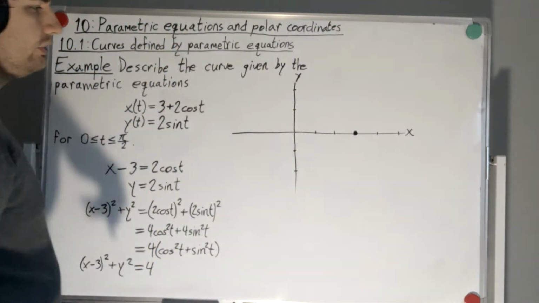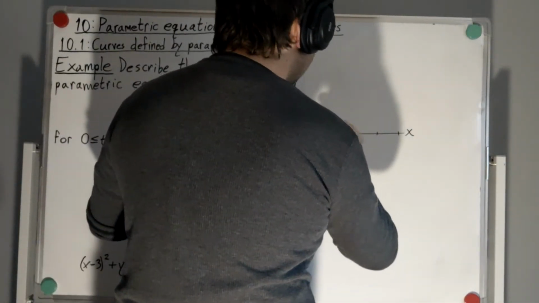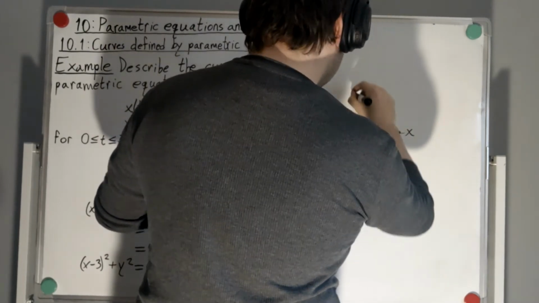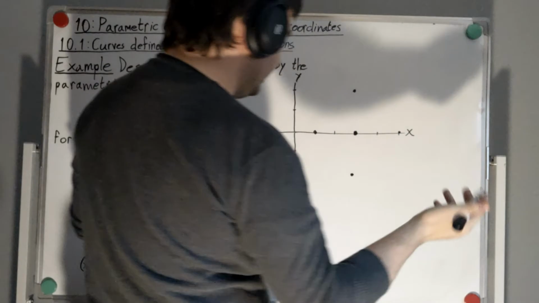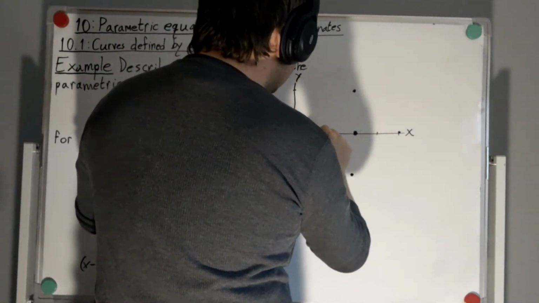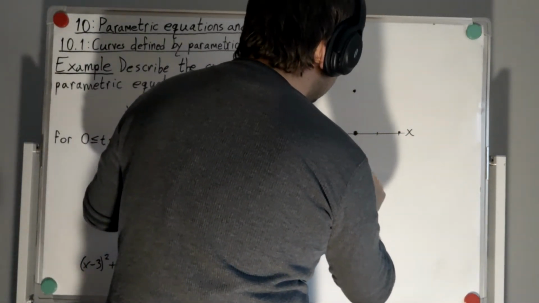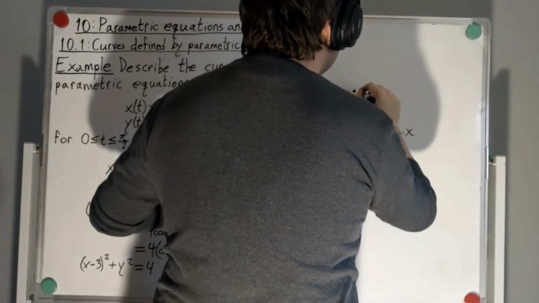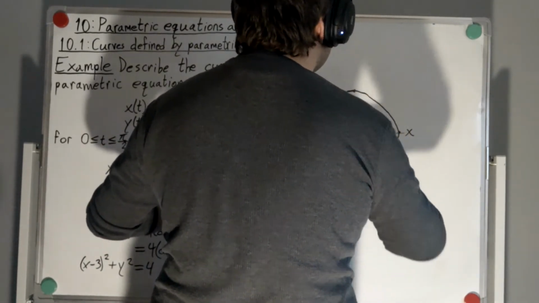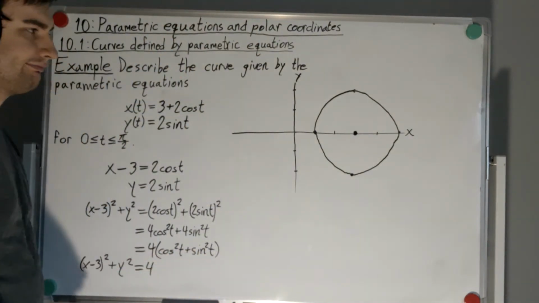And then it has a radius of 2. So that means that it's going to pass through this point, and also this point, and this point, and it'll be a circle. So something like this.